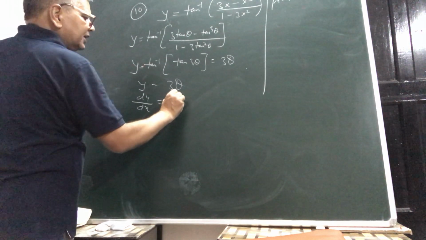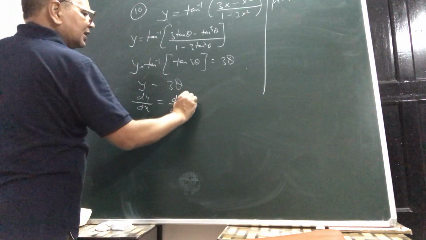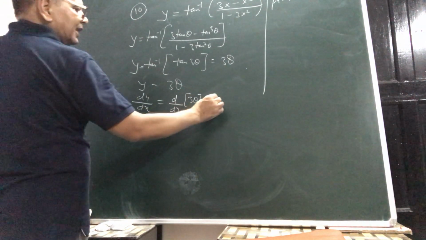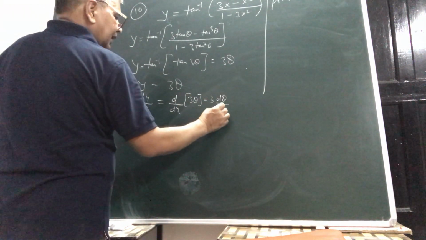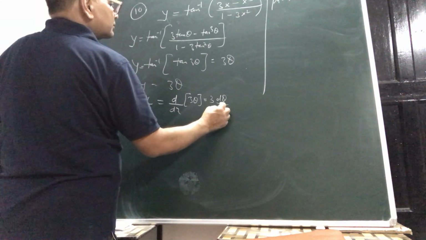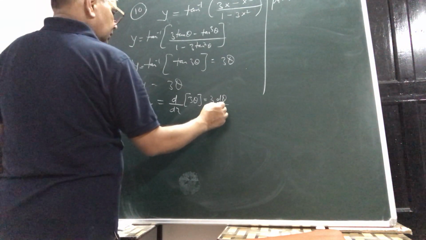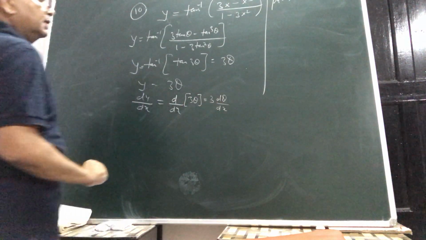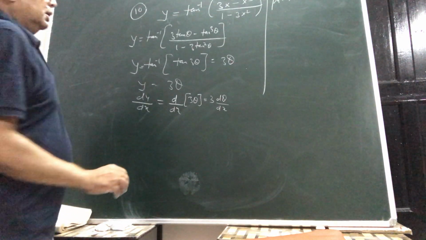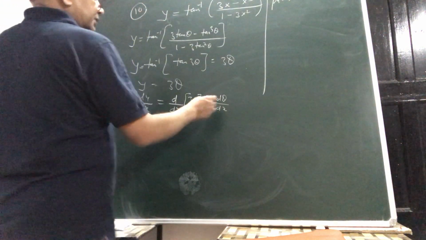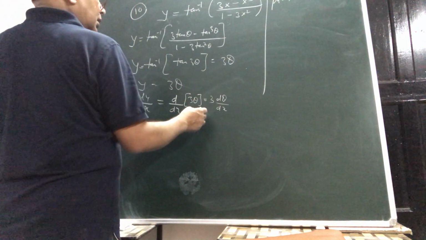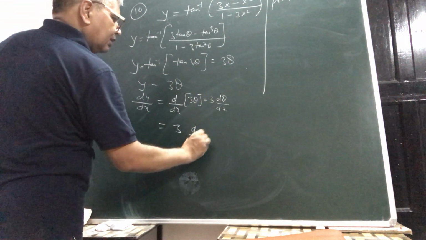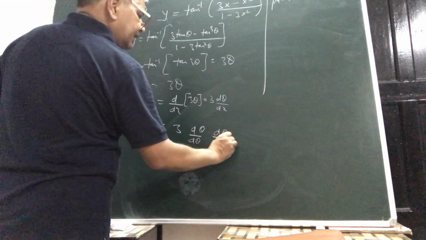So this is d by dx of 3 theta, and a constant can always be taken outside the derivative sign, so this is 3 d theta by dx, which can further be written as d by d theta of theta into d theta by dx.